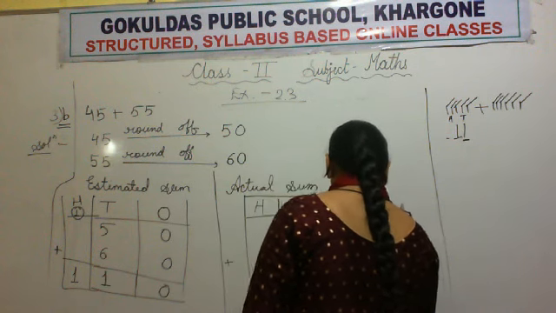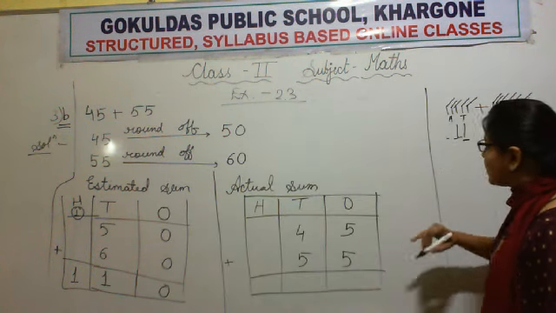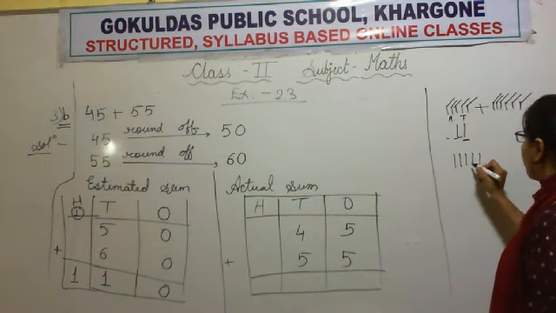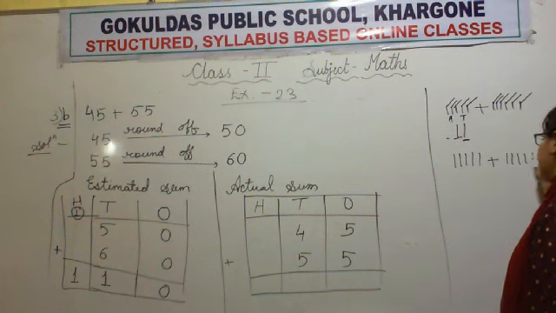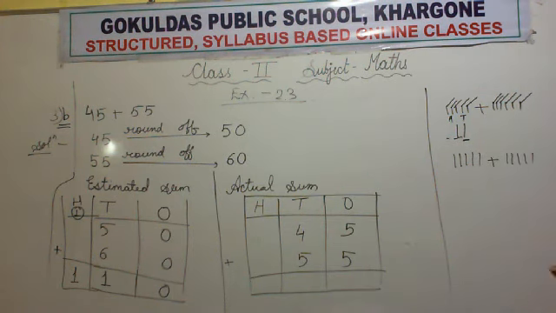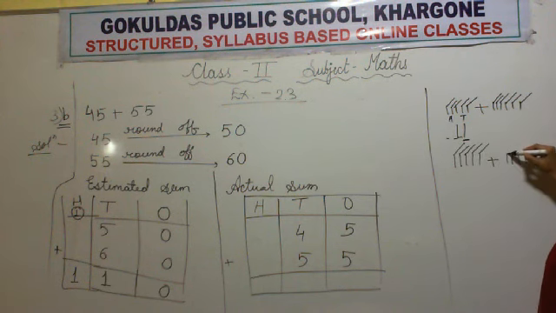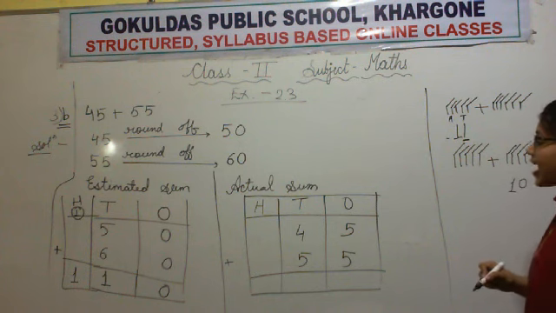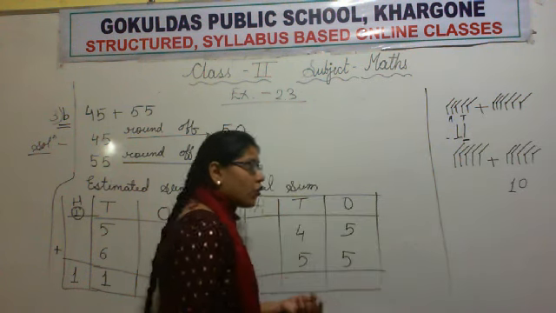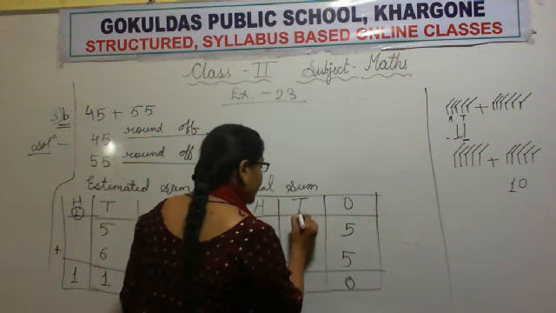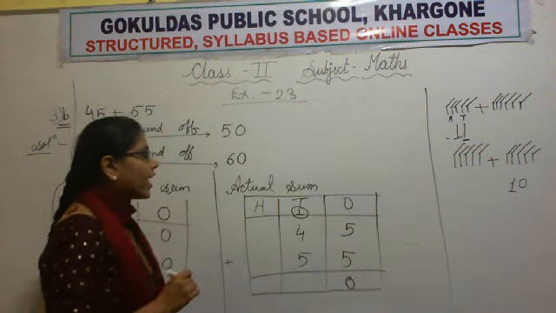Do not use running hand. 5 plus 5. So let's draw 5 sticks and 5 sticks. Now let's add them. 1, 2, 3, 4, 5, 6, 7, 8, 9, 10. Again we got a 2-digit answer. You better know what we will do. We will regroup it.